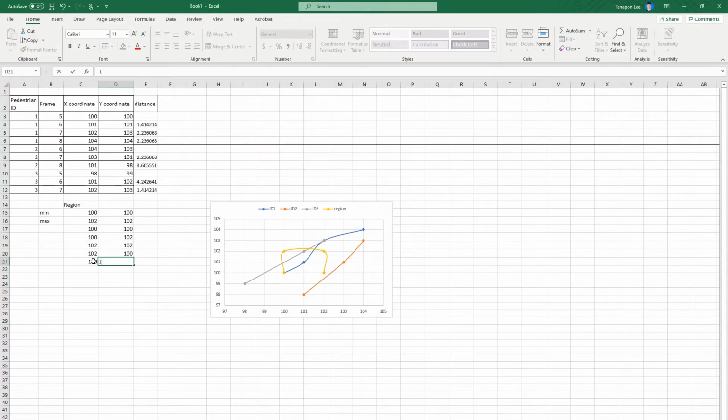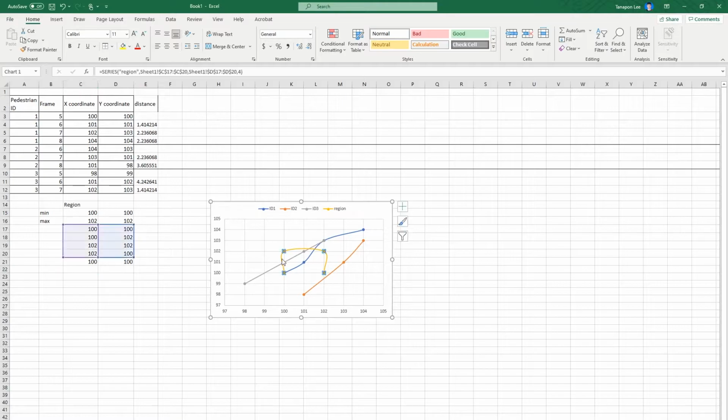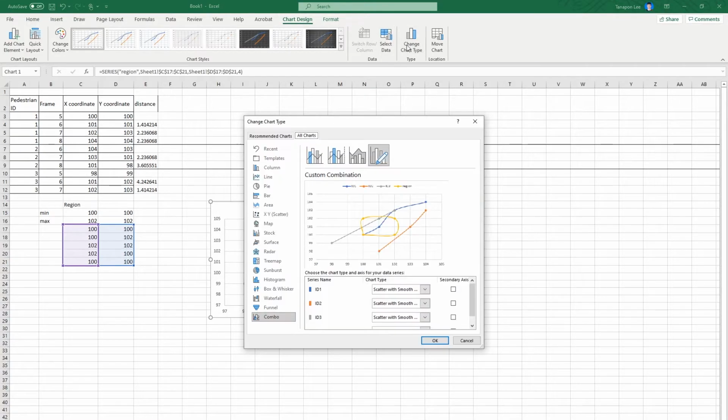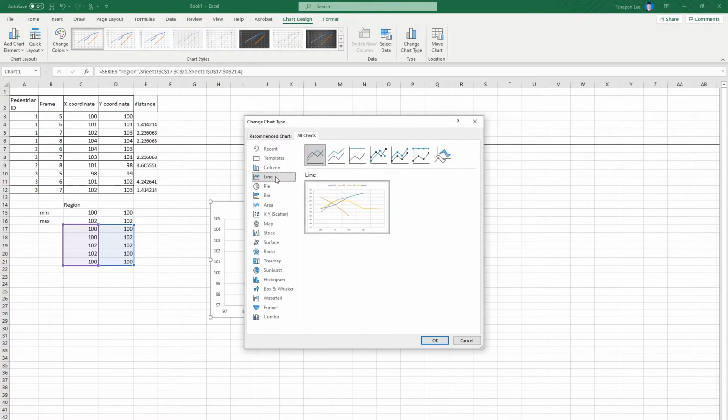Let's do 100. Let me change the chart type to scatter.